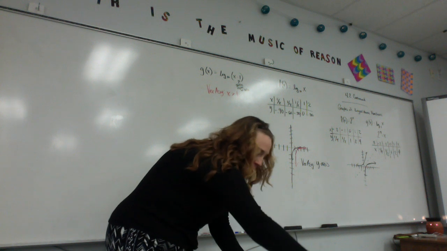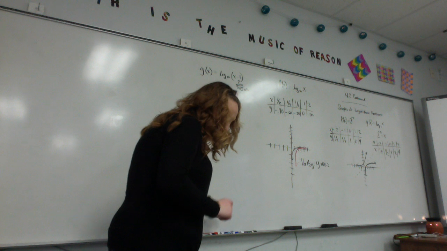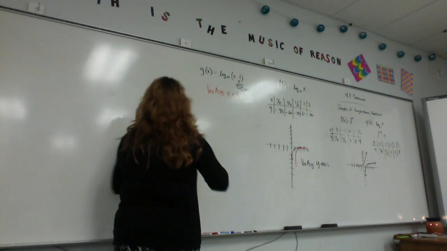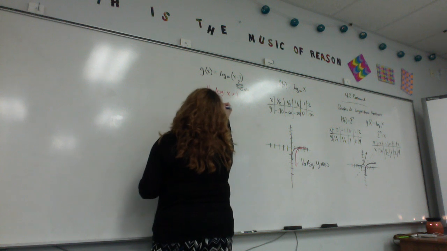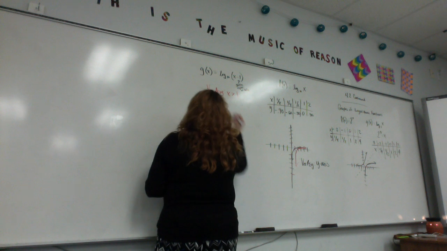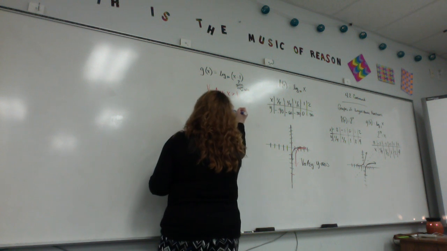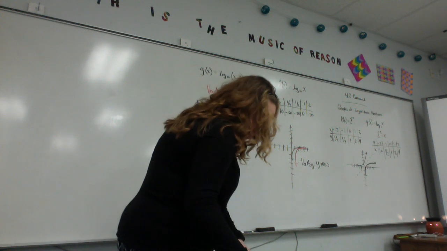If you have one where it has addition on the outside, such as h of x equals, actually I want to say 2 plus log base 10 of x, okay?